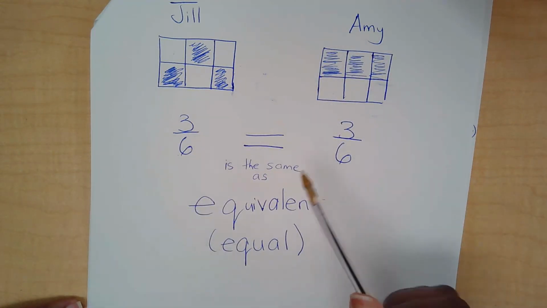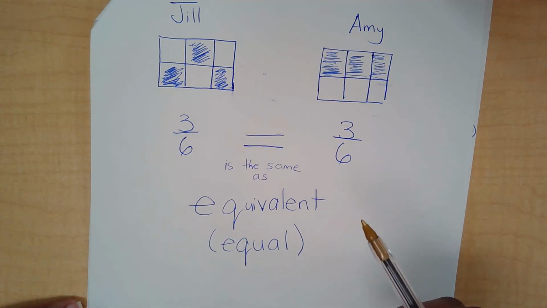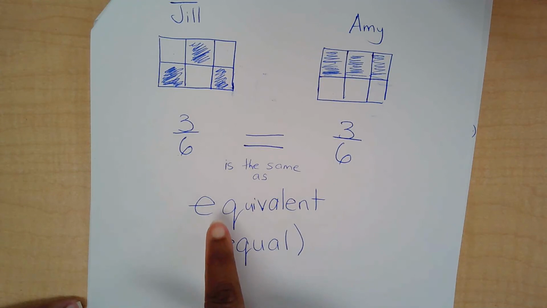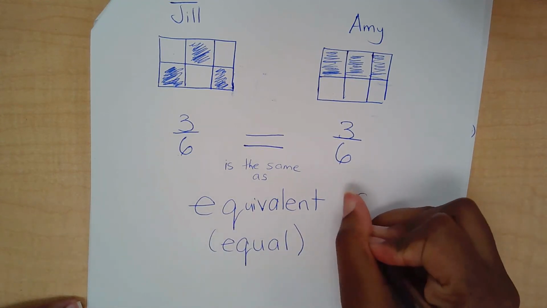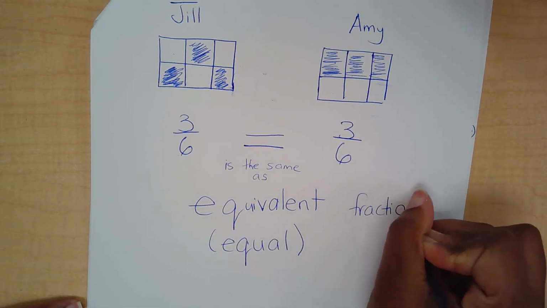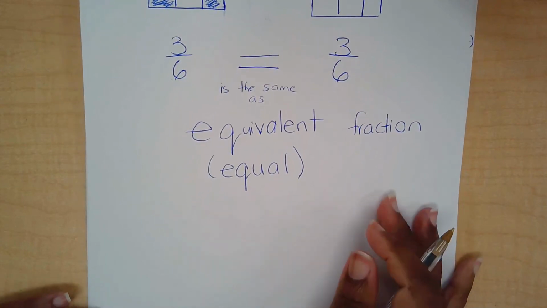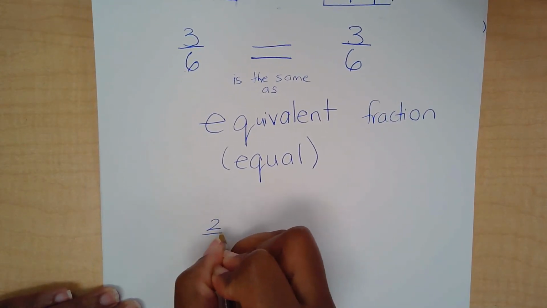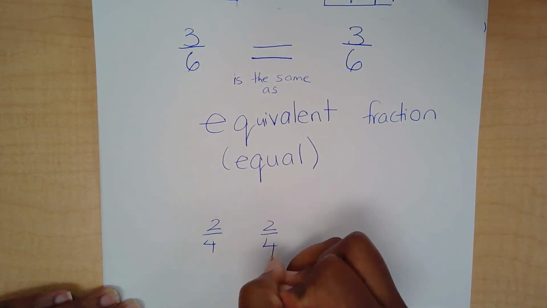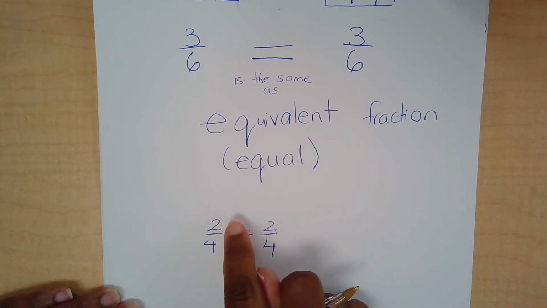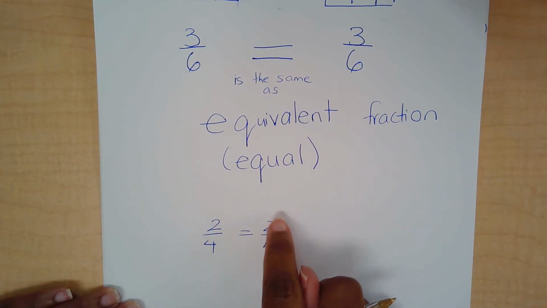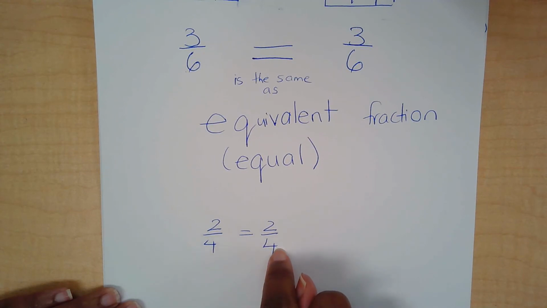So you've learned about greater than, less than, as well as is the same as, or equivalent fractions. When it's an equivalent fraction, that means the numerator is the same as the other fraction's, and the denominator is the same as the other fraction's.